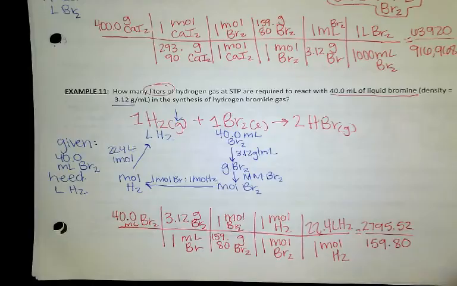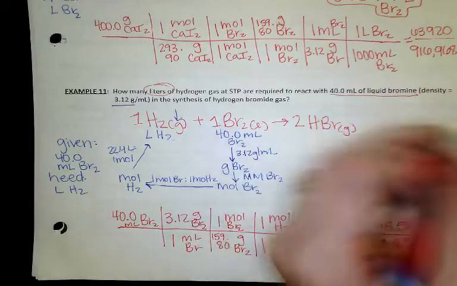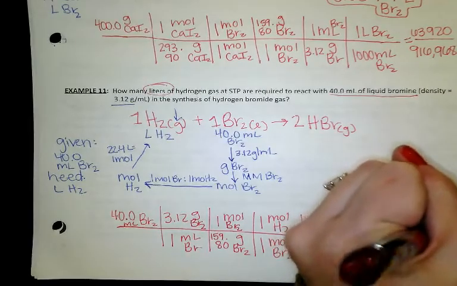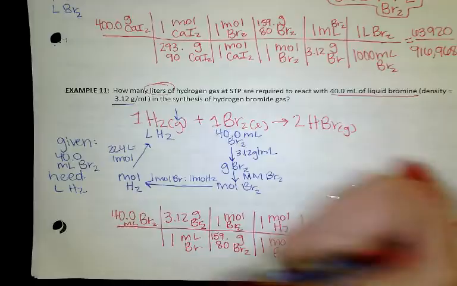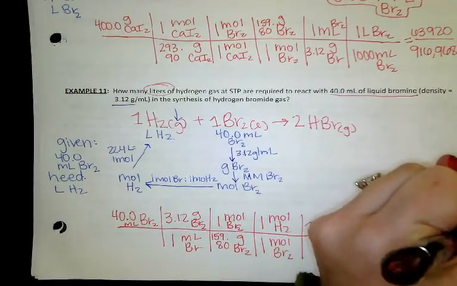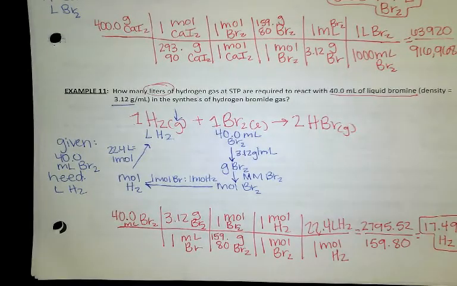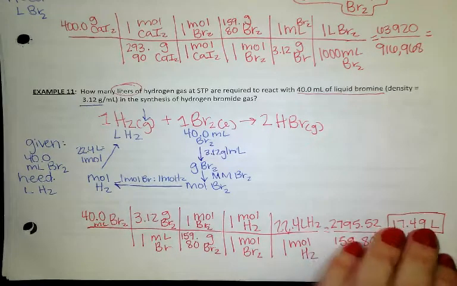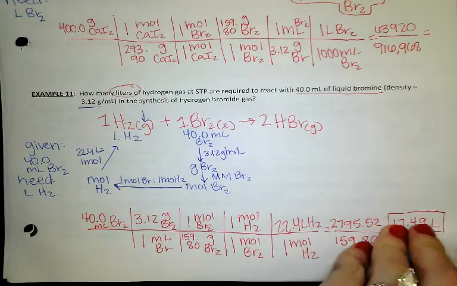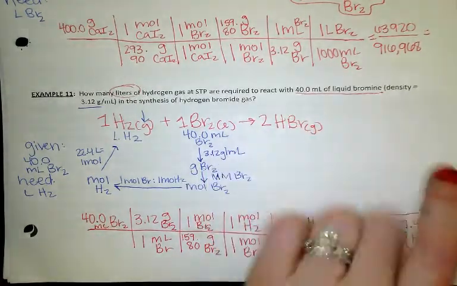That will give us 17.49 liters of H2 gas. Okay, so 17.49 liters of H2 gas. So that's converting using density. So if we have the volume of liquid, we can use density. If we have the volume of gas, we use 22.4.